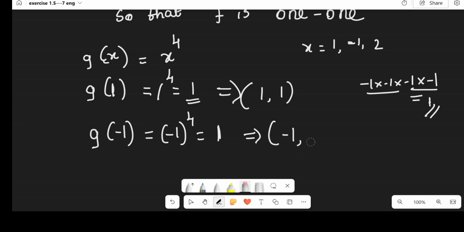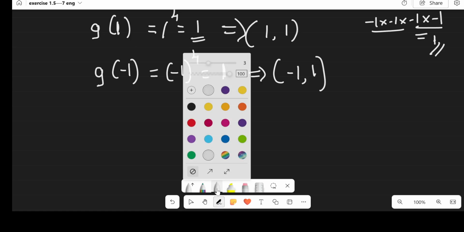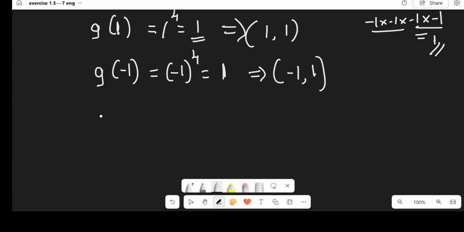In the second step itself I am getting the same output. So this output and this output is same. So what we can say, this g is not 1 to 1. Then we need to check f of g.